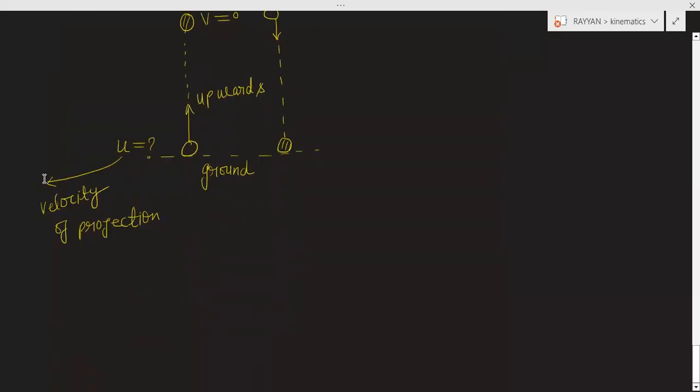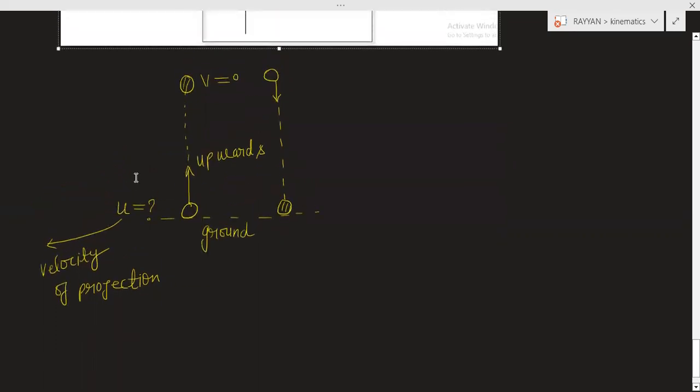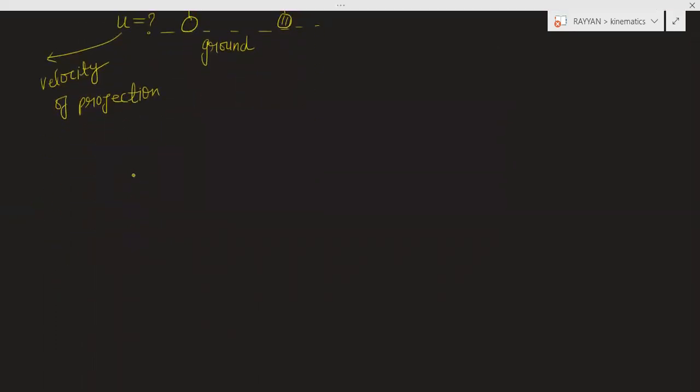So at t is equal to 0, the velocity will be the velocity of projection, because at t is equal to 0, you are projecting the body.